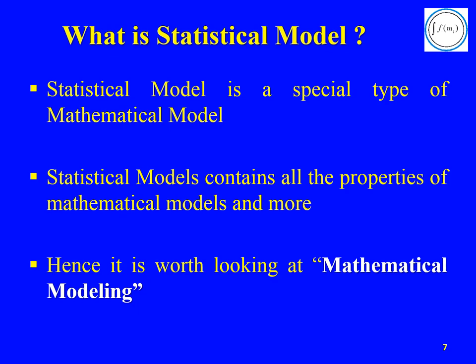So what is a statistical model? A statistical model is a special type of mathematical model. A statistical model contains all the properties of a mathematical model. Hence, it is worth looking at the process of mathematical modeling.